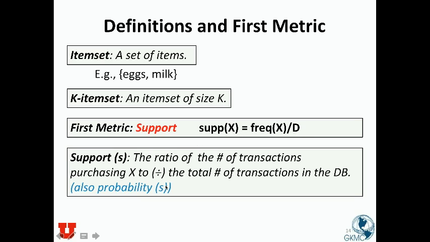This can also be interpreted as the probability that the item set X occurs in the transaction file D. So if there are 100 transactions containing X in a set of 1,000 transactions, then 100 divided by 1,000 is a 10% chance for X to be in D, and the support of X is 10%.